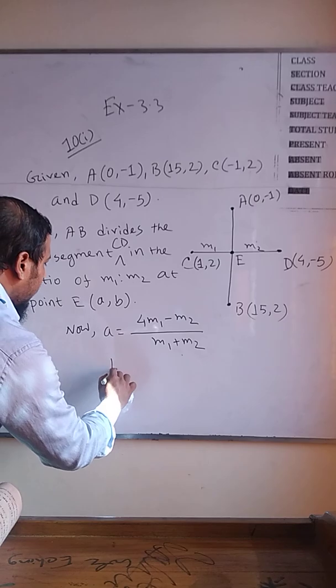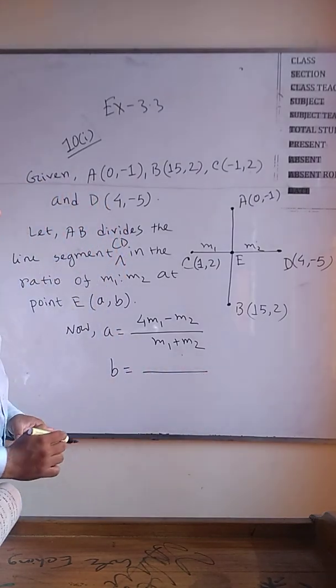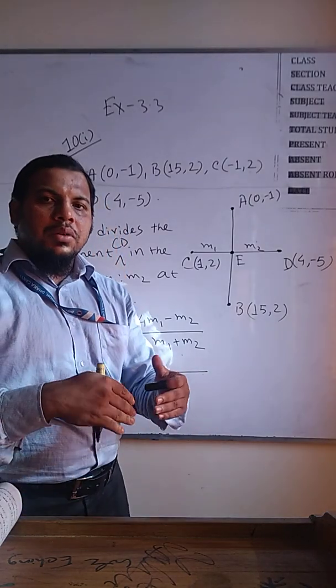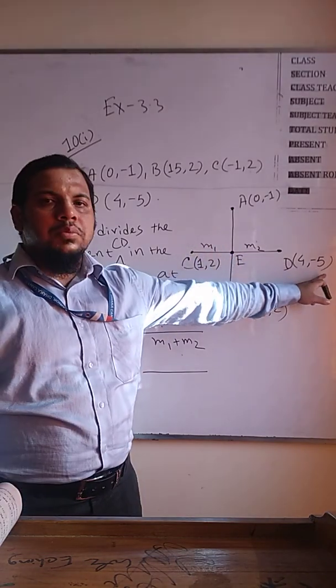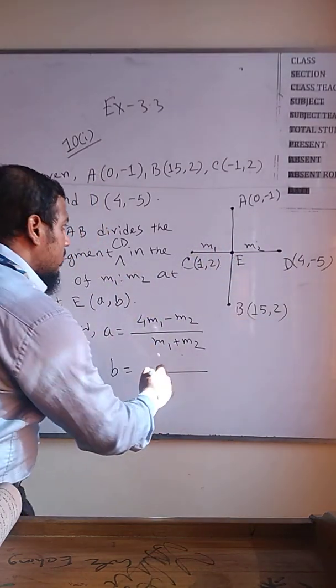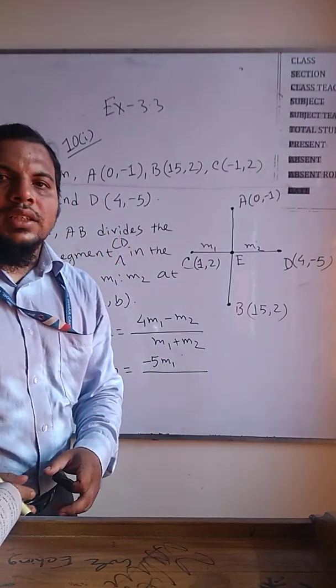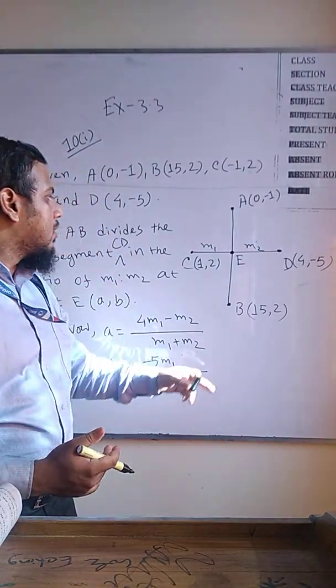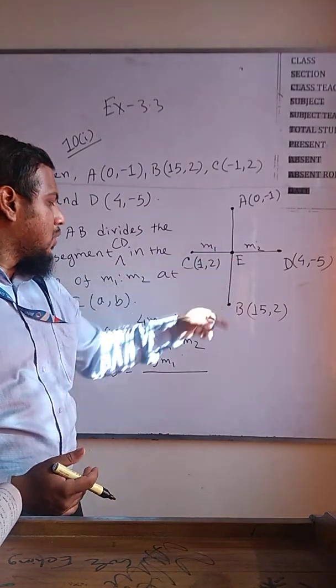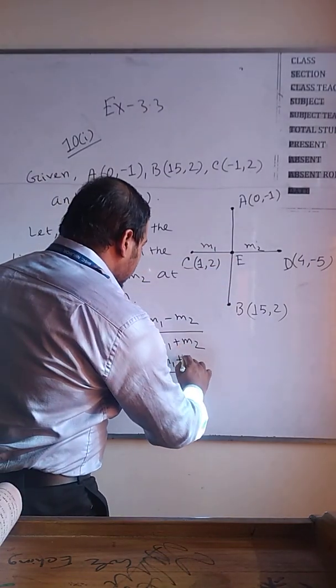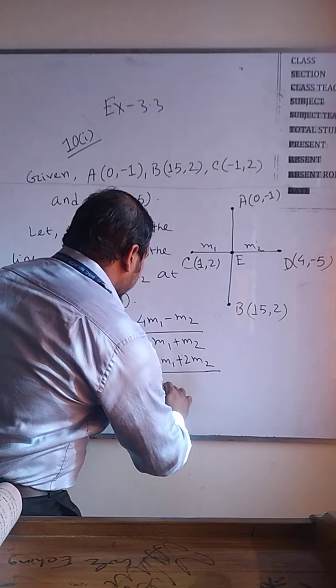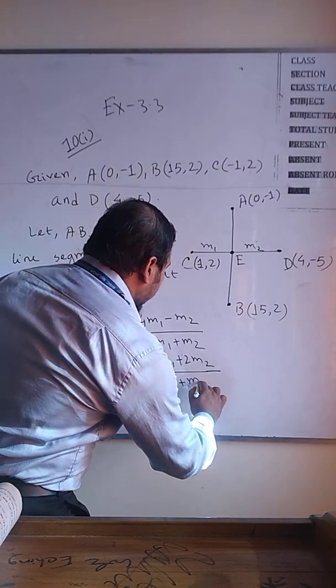And b is M1 y2, so that means M1 into -5, that means -5M1, plus M2 y1, that means M2 into 2, that means 2M2, divided by M1 plus M2.